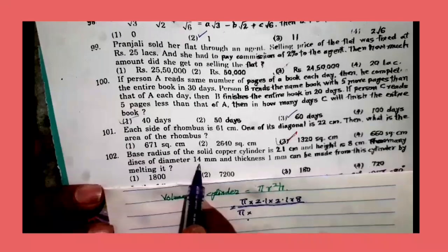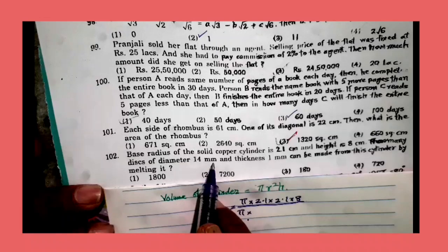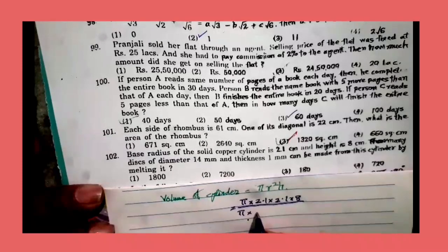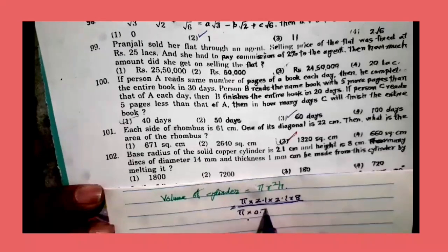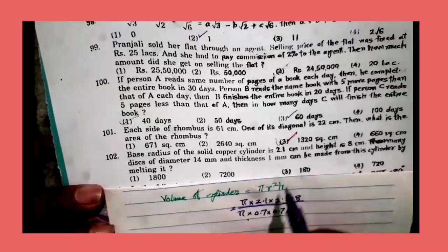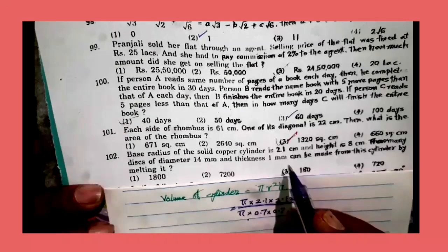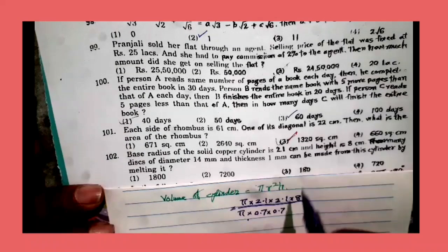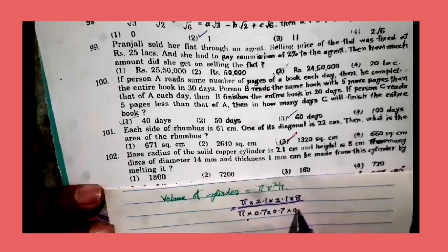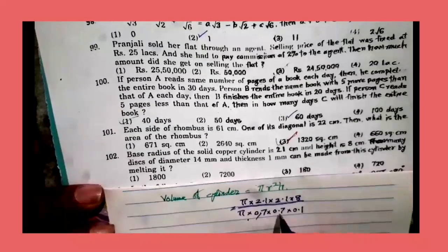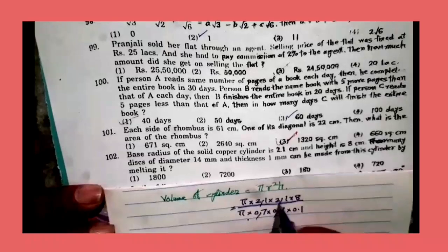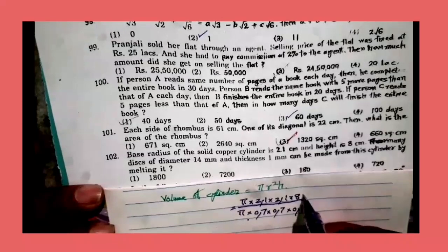Full diameter is 14 mm, that is, radius is 7 mm, that is 0.7 centimeter. And thickness is 0.1 mm, that is 0.1 centimeter. Now cancel the point. This point is cancelled. Take 0.